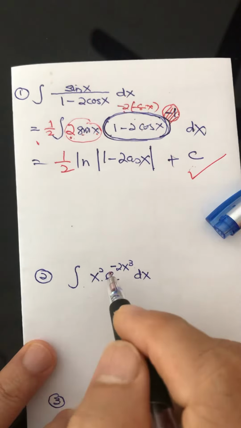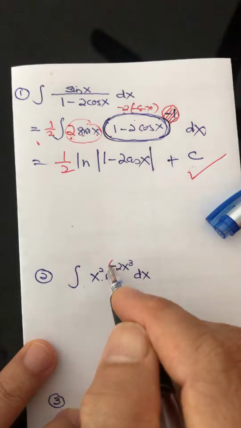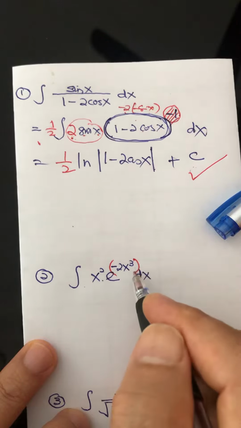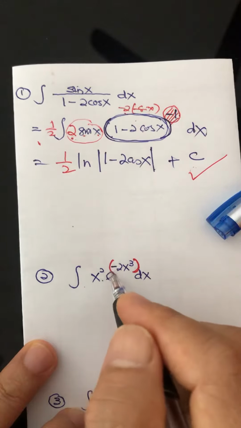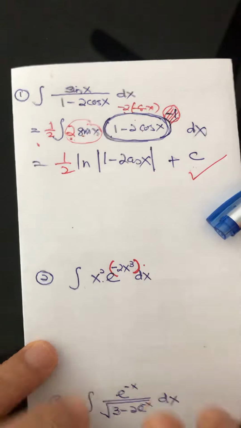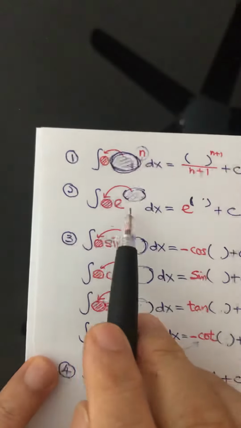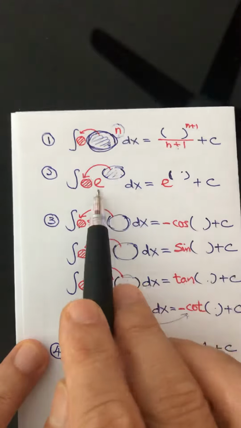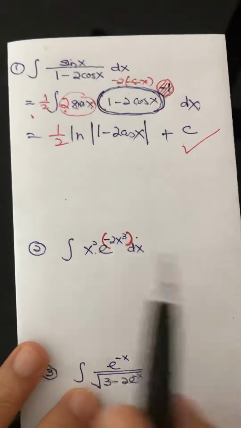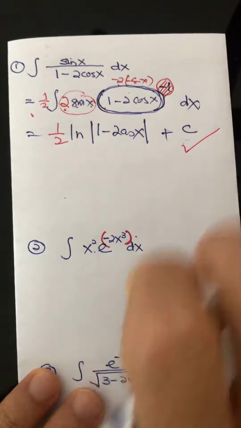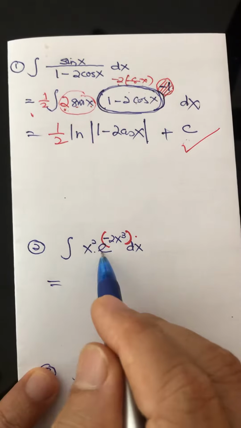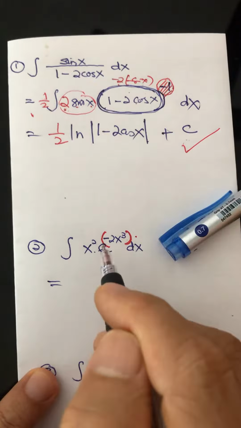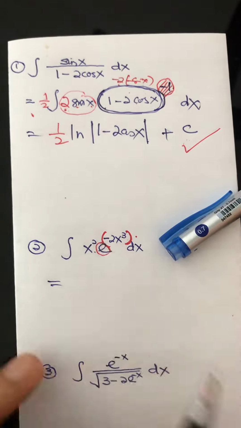When I want to integrate this, the bracket is here. The bracket is here. So that means this one is the same as number 2. Yes or no? The bracket is the power, exponential. So when I integrate, this is the function which I'm going to integrate.